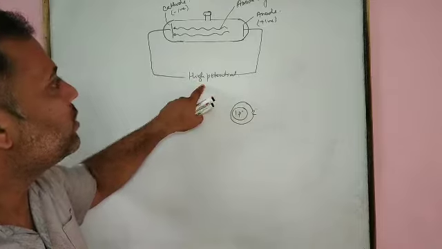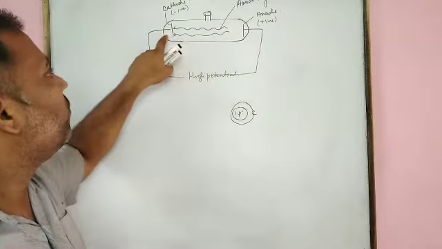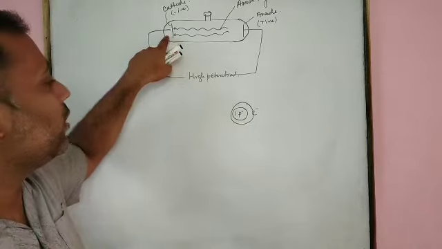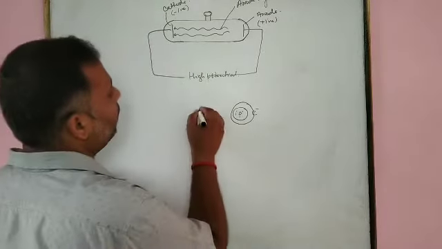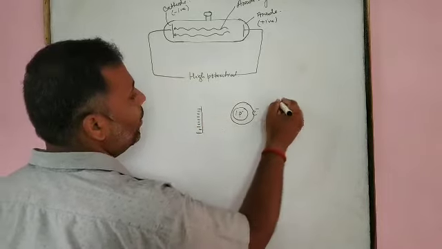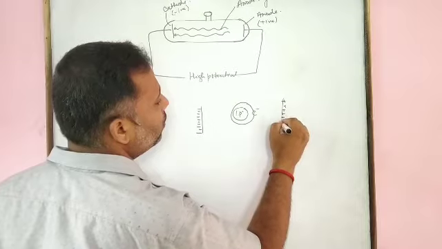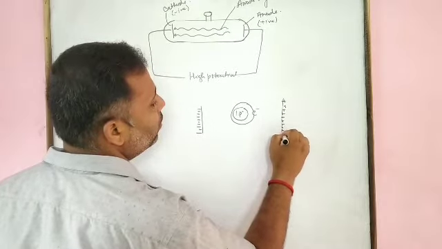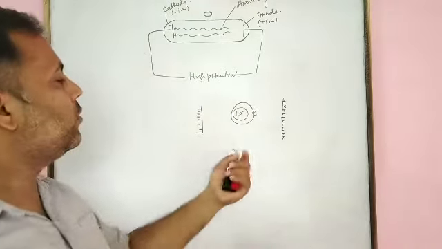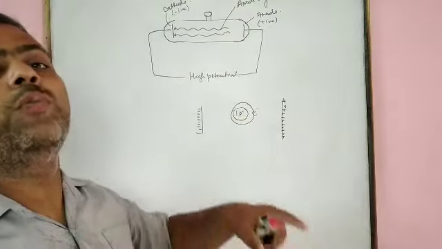By this high potential, we make the anode more and more positive, and we make the cathode more and more negative. Why is this so? Because the force of attraction between the proton and electron in an atom is very strong.